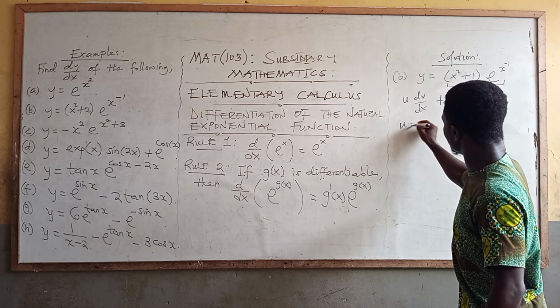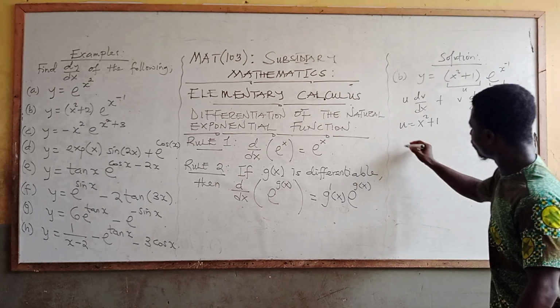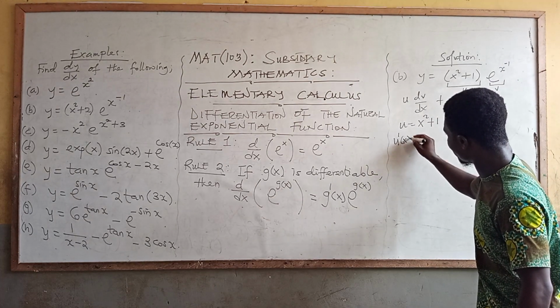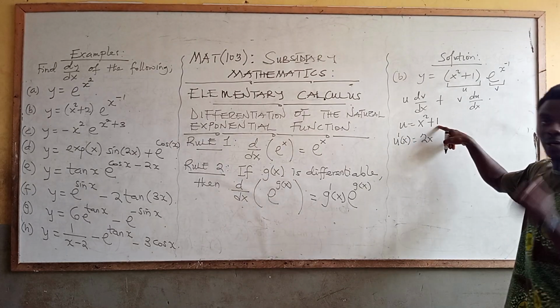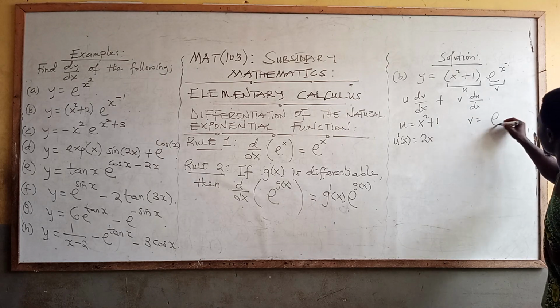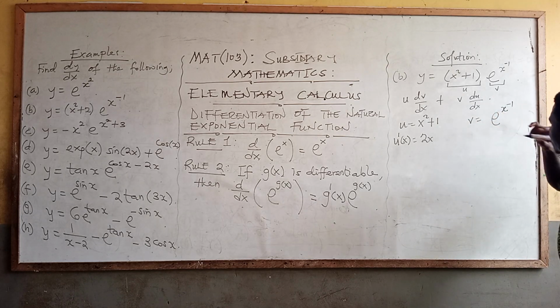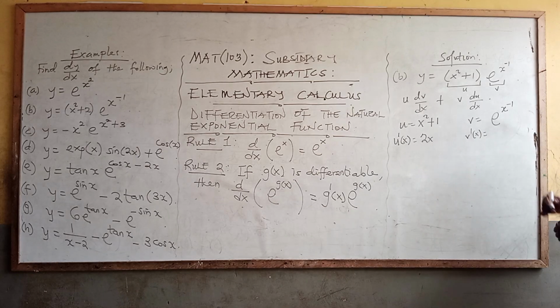So my u equals x squared plus 1. We differentiate: u prime of x must be equal to 2x, and this one is 0. Then our v equals e to the x to the power negative 1. For v prime of x, we differentiate the exponent.